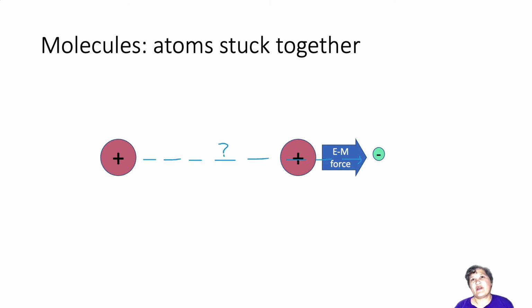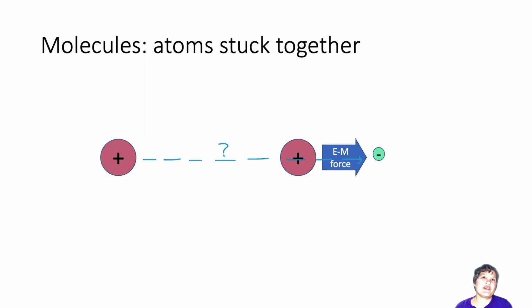Is there an attractive force between this nucleus and the electron? Well, first of all, if there was, it would be a lot weaker than the other electromagnetic force that I drew in earlier, because the distance is much, much larger. So we have a possible really tiny electromagnetic force.